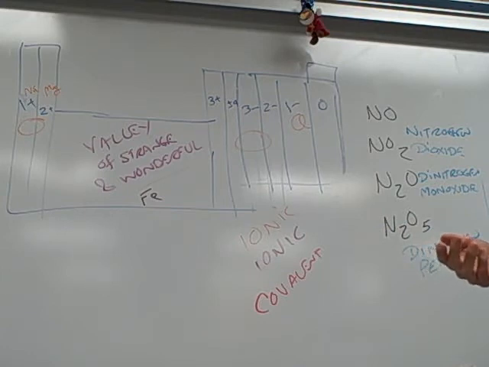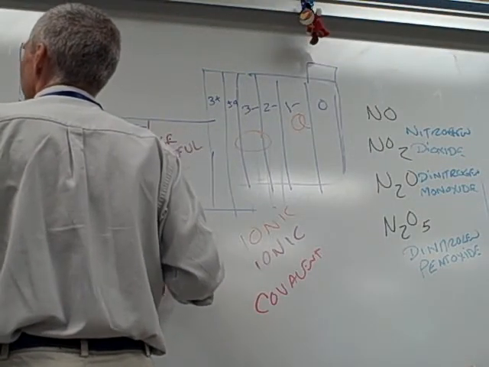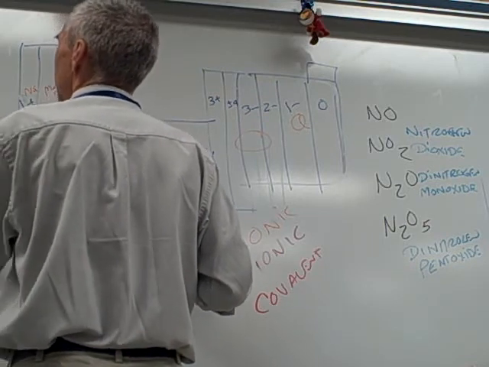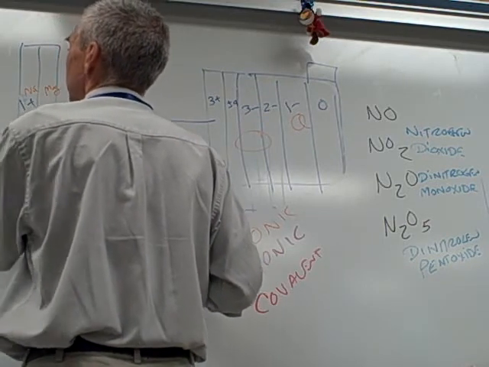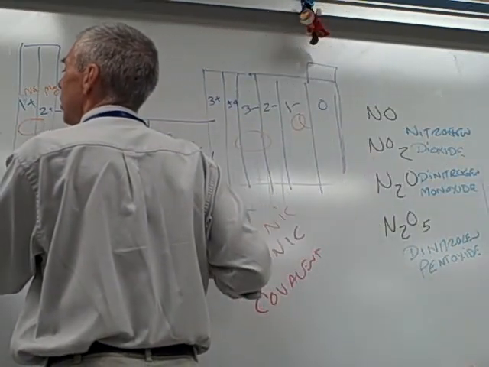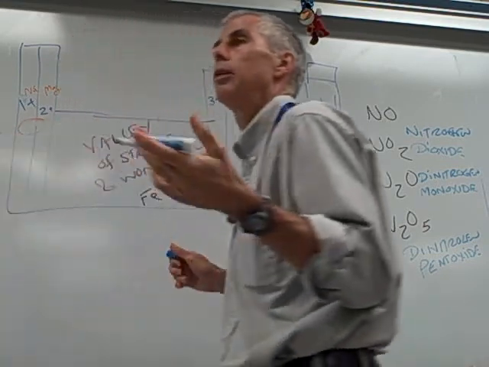Please don't do the silly crisscross method. Please think about it this way. If it's iron 3 oxide, how many of these am I going to need? What's the smallest thing that 3 and 2 goes into? 6. So how many of these do I need to get to +6? 2 of them. And how many of these do I need? 3 of them. Simple, yes?